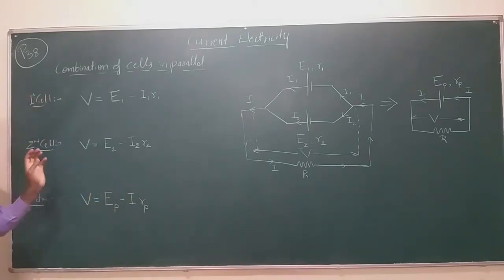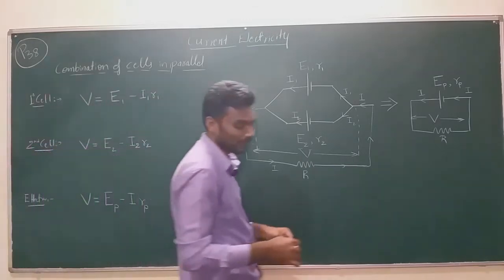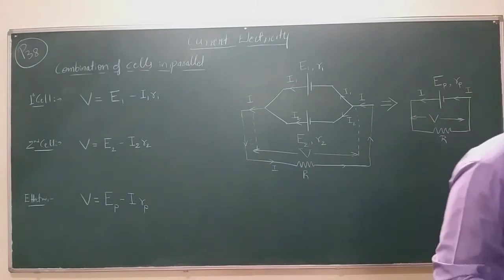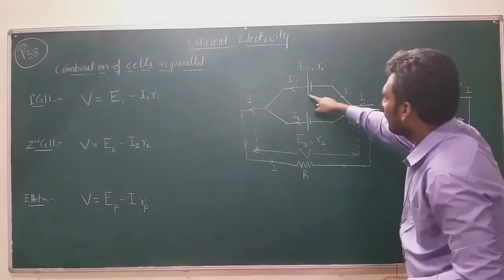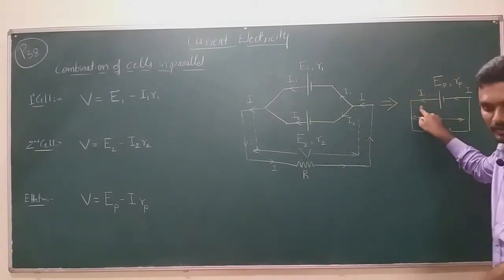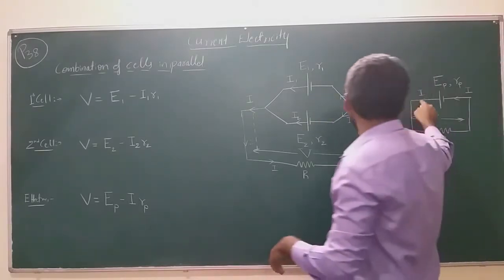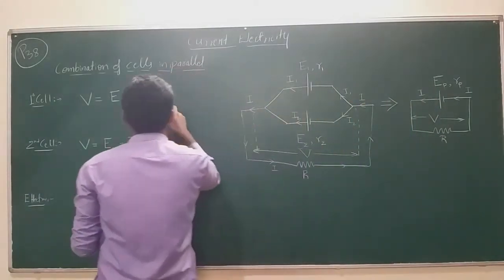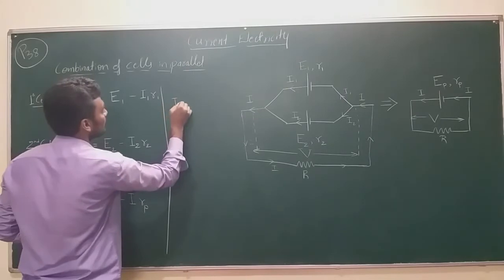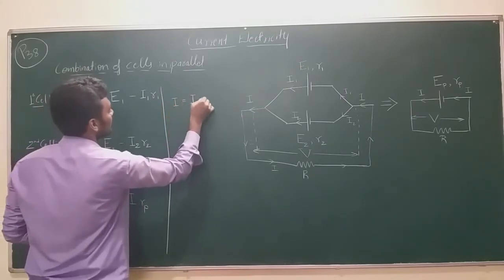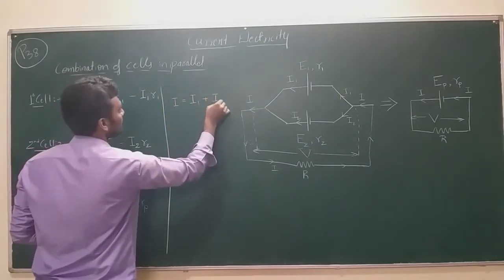Now, look at the terms which will get connected with each other. The terms which will connect with each other are I1, I2 and I, isn't it? Because the total current I is given by I is equal to I1 plus I2.